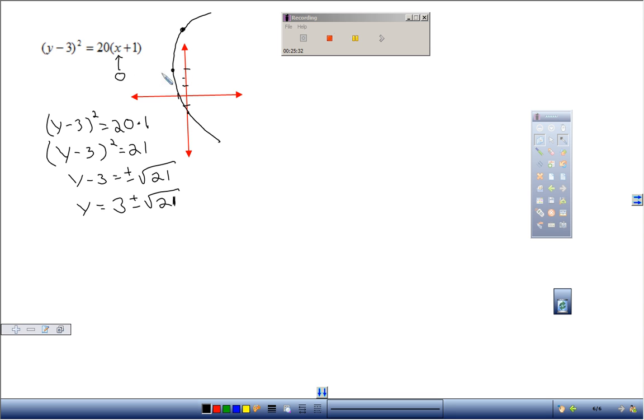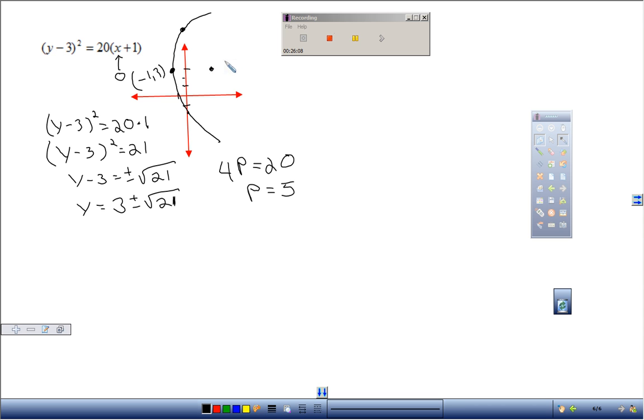Now to find the focus, 4p equals 20, so that means p equals 5. The focus is going to be 5 units away from this vertex, which is at negative 1, 3. Rather than use a formula, if you just go negative 1 plus 5 in this direction, that gives you the focus.